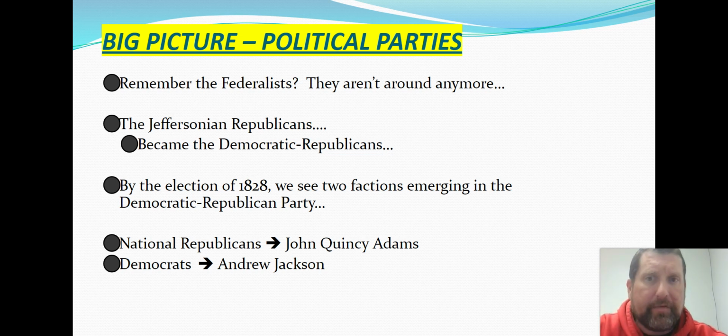They had largely been restricted to the New England region anyway, and were largely seen as weak, if you will recall, in the wake of their beliefs about America's inability to be successful in the War of 1812. So then we got to the era of good feelings, right? The Jeffersonian Republicans had become the Democratic Republicans, and it was essentially just that party throughout the tenure of James Monroe and the era of good feelings.